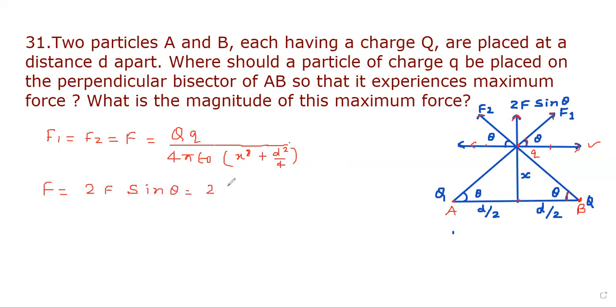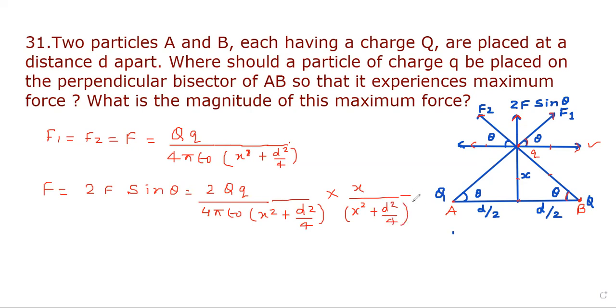So force will be twice of capital Q small q divided by 4 pi epsilon naught times x square plus d square by 4, times sin theta. Sin theta will be perpendicular upon hypotenuse, so that will be x upon x square plus d square by 4 whole power half.